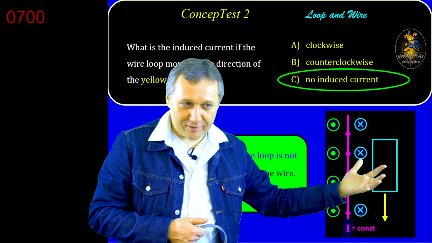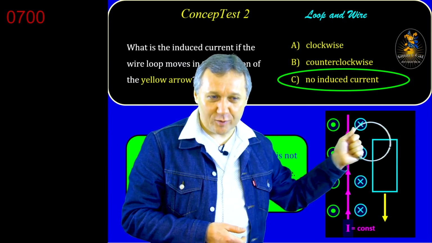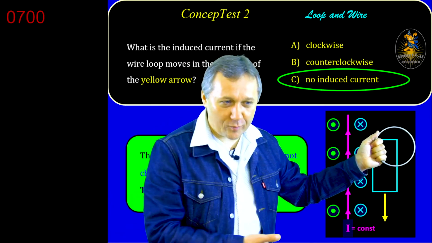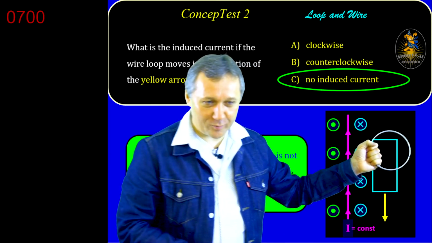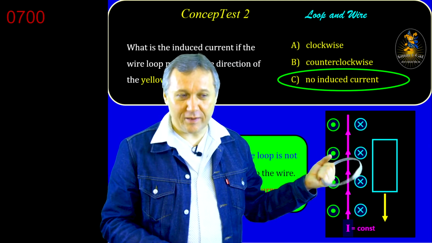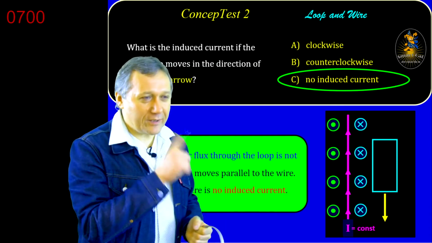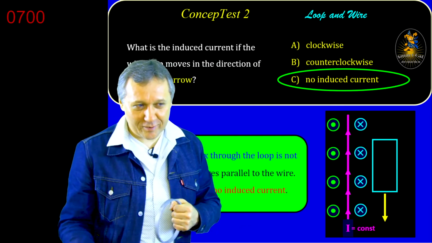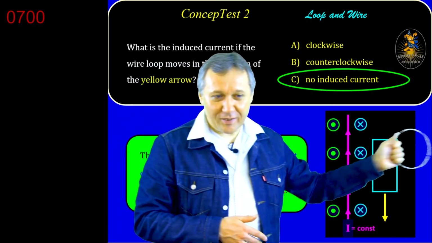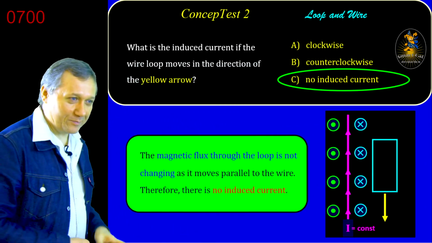We produced current in electrical form of energy. Now, by moving the loop, I convert the mechanical form of energy into the electrical form of energy. I can produce current. So you see, we have different conversions. There we have conversion of the energy of chemical reactions into the electrical form of energy. Now it's the mechanical form of energy into the electrical form of energy, right?